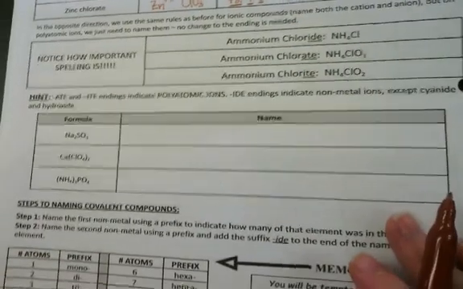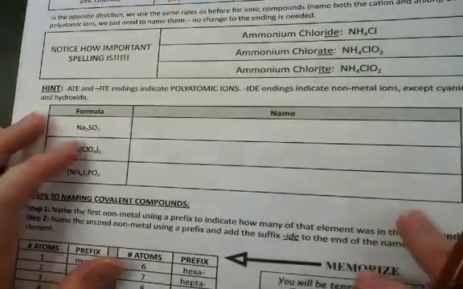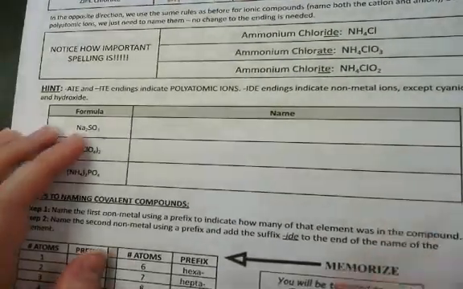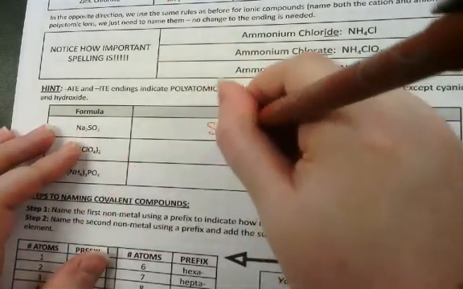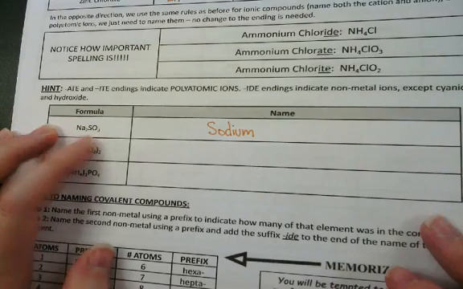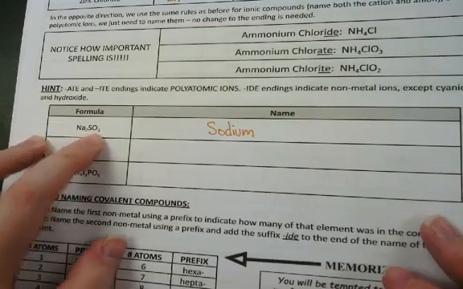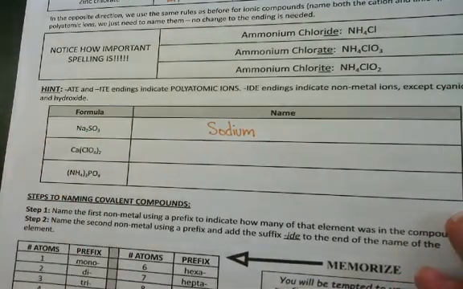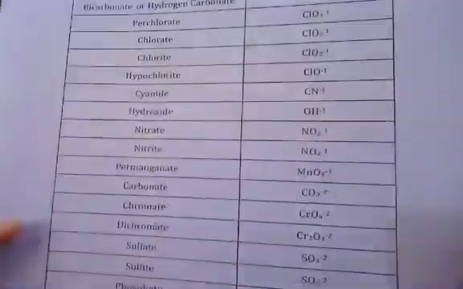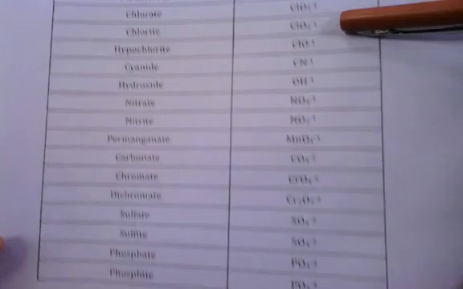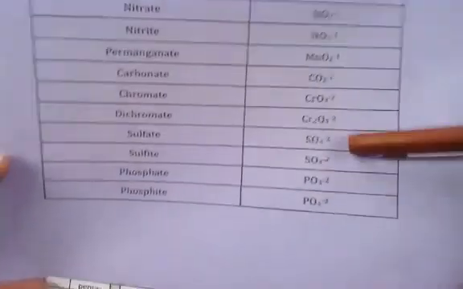Okay, so let's look at these and name them. Na2SO3. Na is sodium. Then SO3: I have more than 2 elements here, so that tells me I'm going to have a polyion. So I'm going to look at my list for SO3, and I'll find it down here.